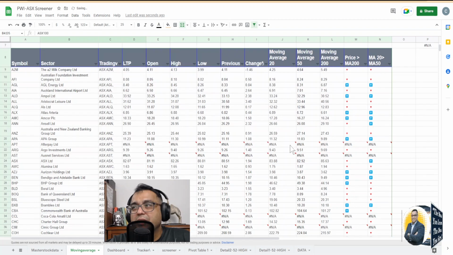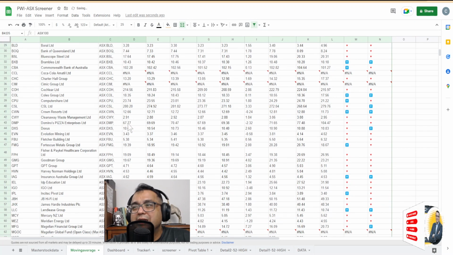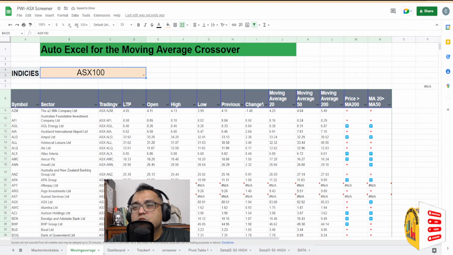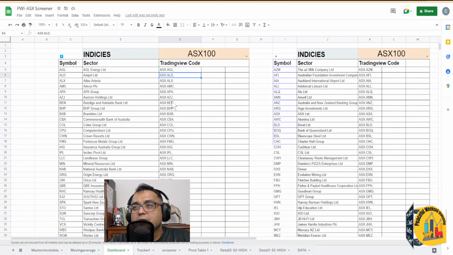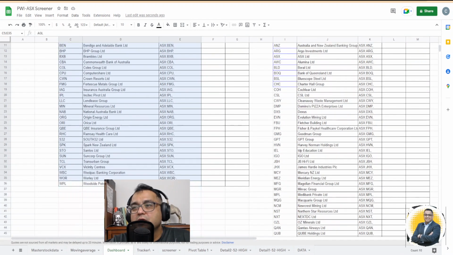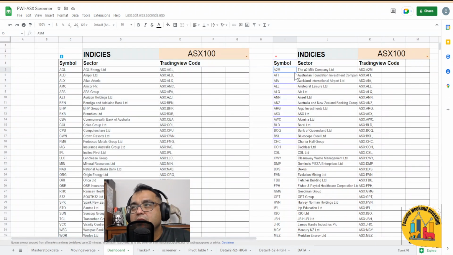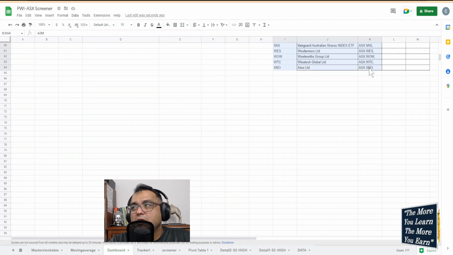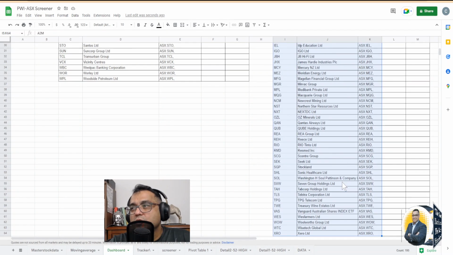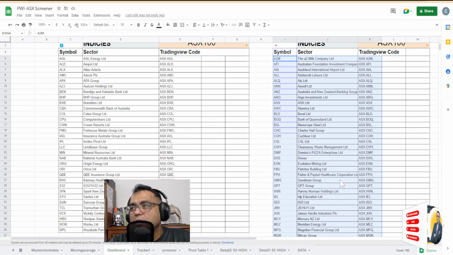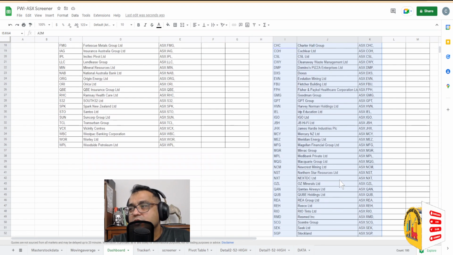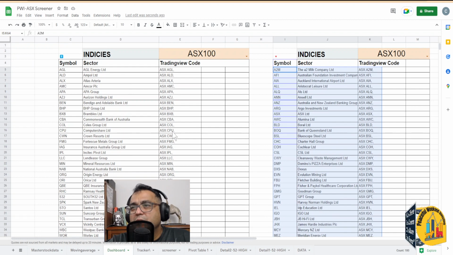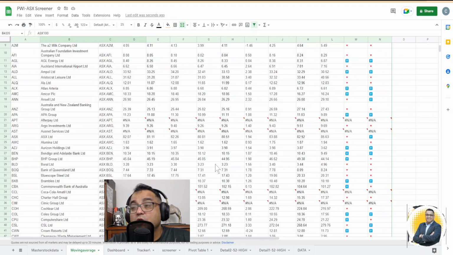If I look at ASX 100 alone, how many stocks are above the 200-day moving average? 96 are above, and close to 180 stocks are below the 200-day moving average.